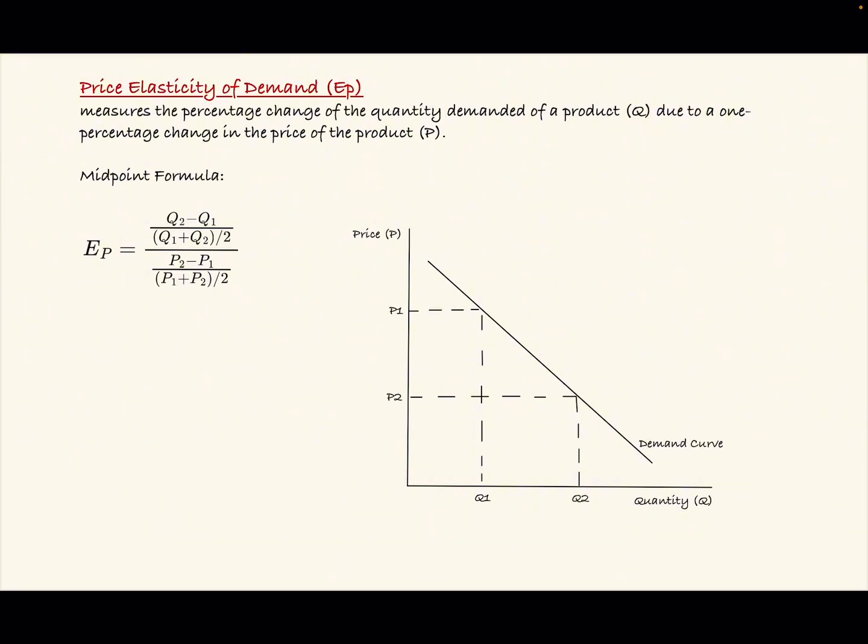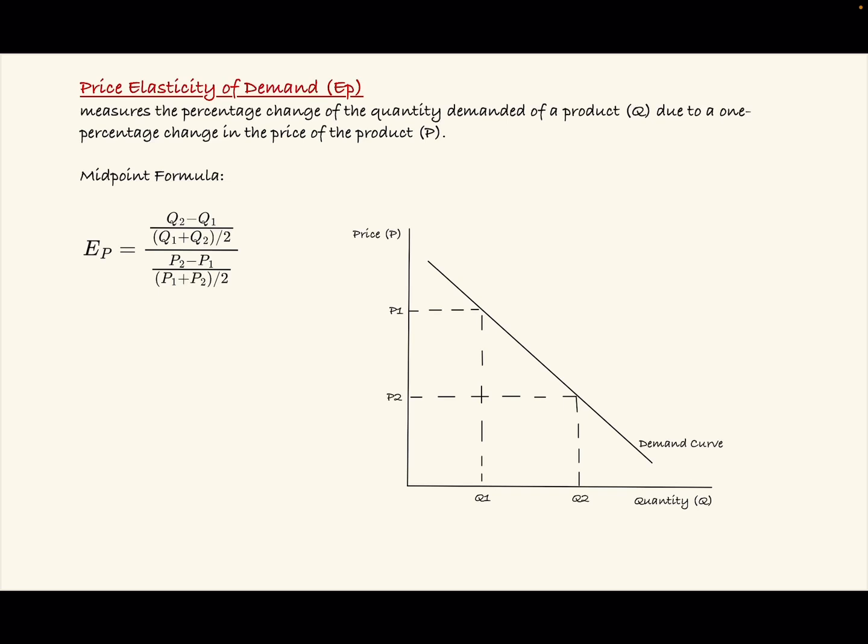To calculate price elasticity of demand, we use the midpoint formula. Now, to use the midpoint formula, we must define 2 points along the demand curve that we are looking at as reference points to determine the price elasticity of demand for this product. Let's define point 1, which has a price of P1 and a quantity of Q1, and a point 2 with a price of P2 and a quantity of Q2.